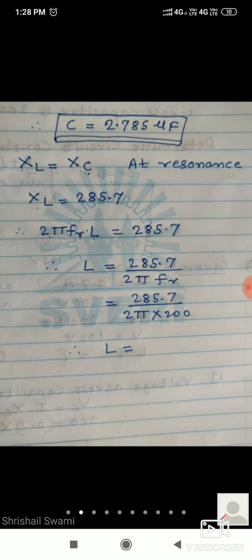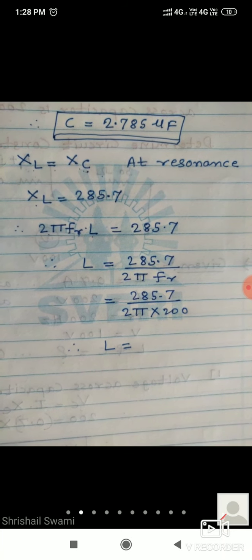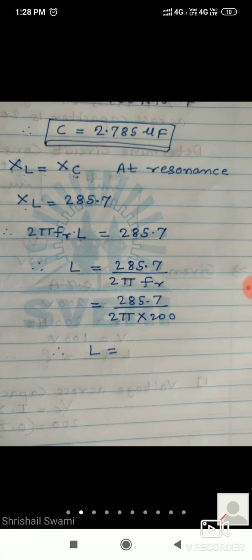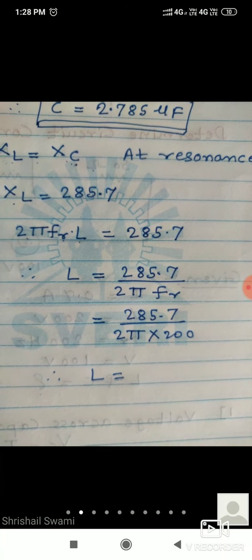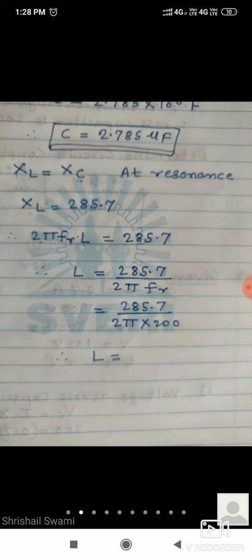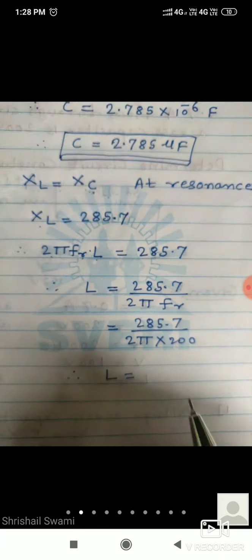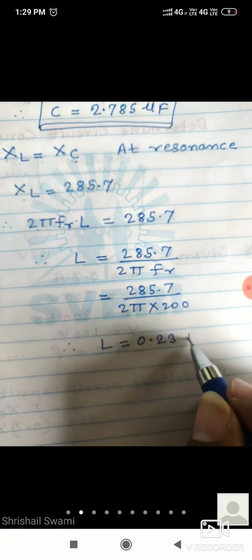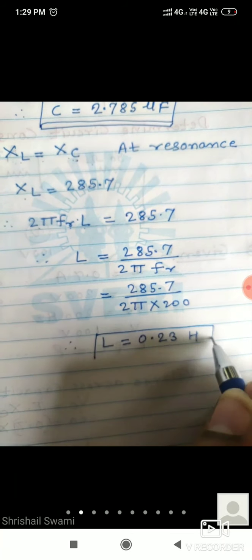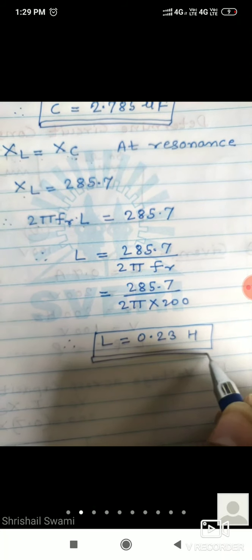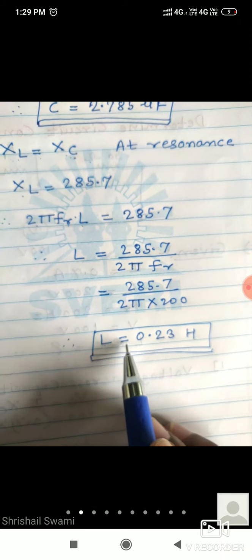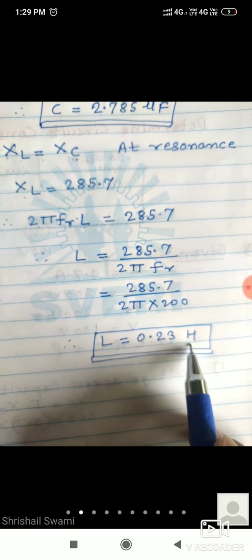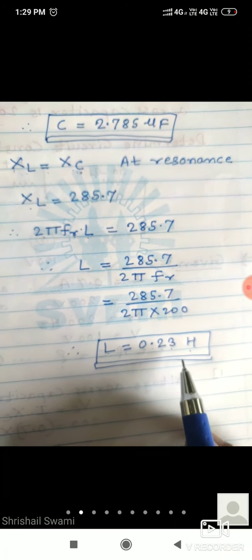Both are acceptable. कुठलाही फॉर्म्युला यूज करा, but you can get the answer of L. So what is the answer you can get for L? 0.23 आलेगा. 0.23 H. So L is equal to 0.23 Henry. Okay. So this is the value of L.